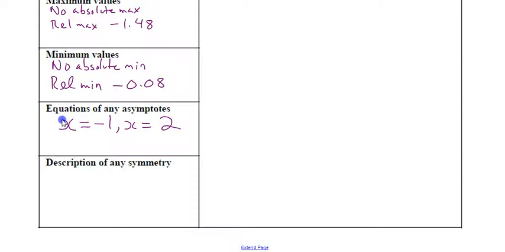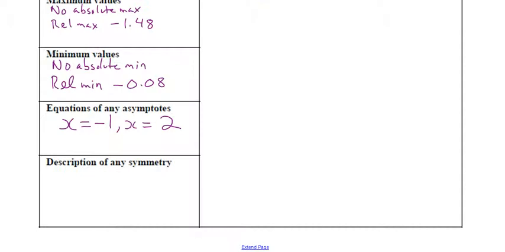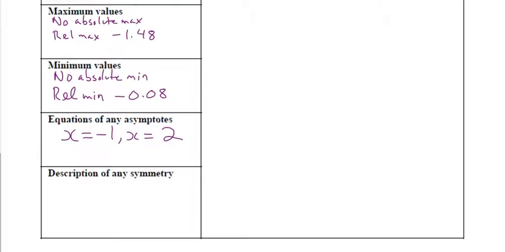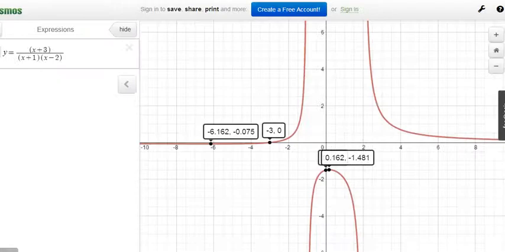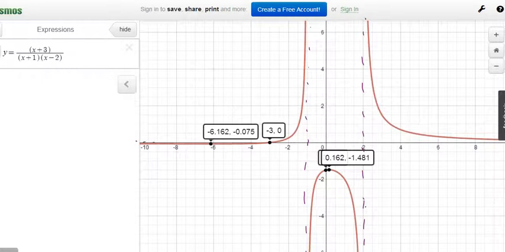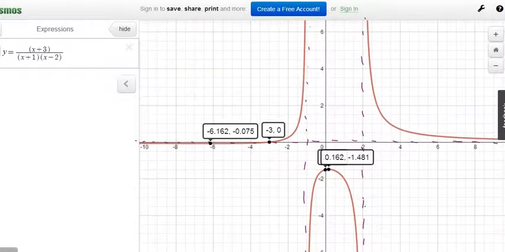What else? That's not it. Is it? No. Where else? Y equals 0.